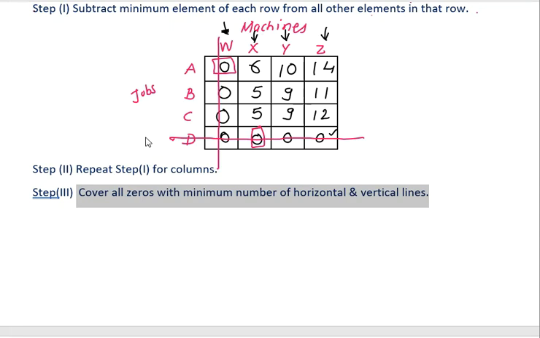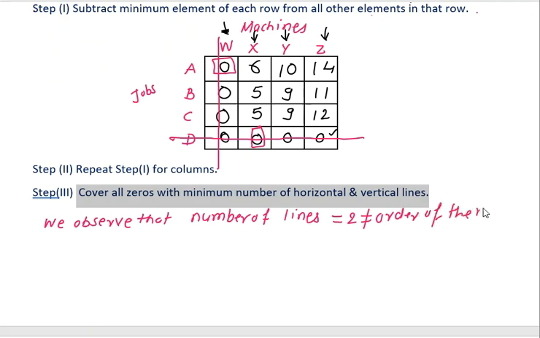The number of lines is 2 and the order of the matrix is 4. So the number of horizontal and vertical lines is 2, and it is not equal to the order of the matrix, which is 4.